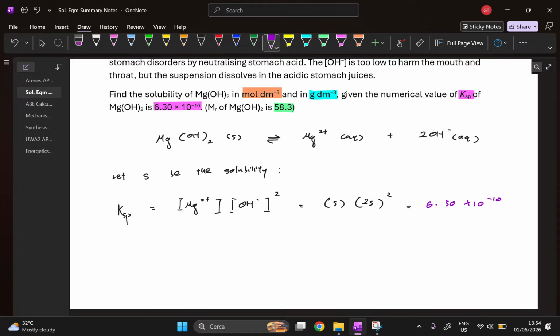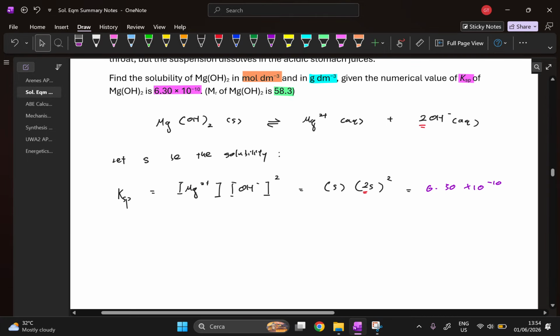What is going to be the molar concentration of free aqueous ions in this solution? If S is the solubility, S is the concentration of ions, correct? So the concentration of Mg2+ is going to be S. But the reason why I have 2S here is because for every mole of Mg(OH)2 that dissolves in water, I form 2 moles rather than 1 mole of free hydroxide ions in aqueous solution.